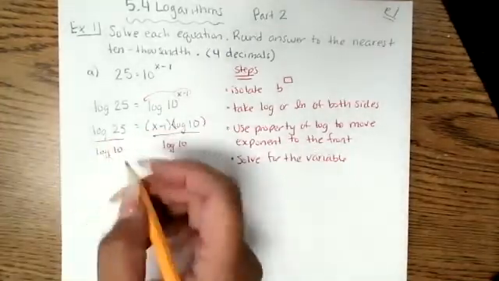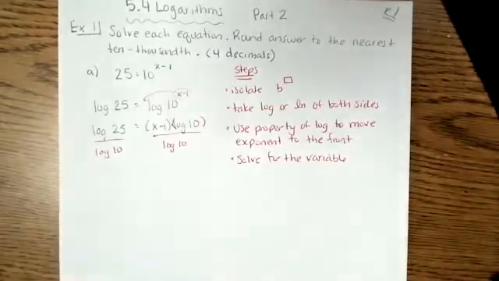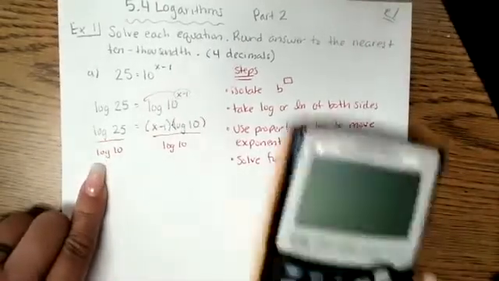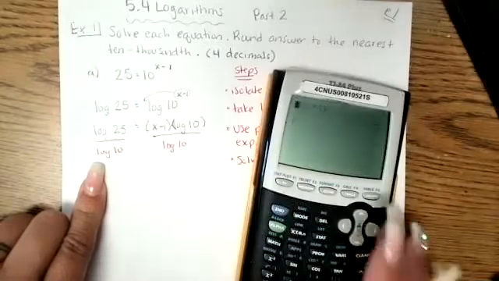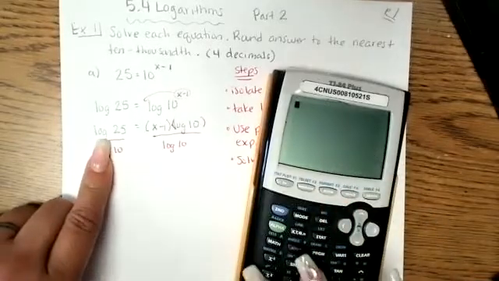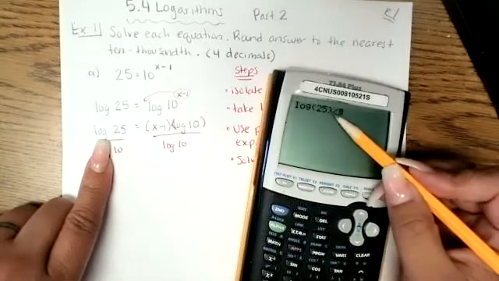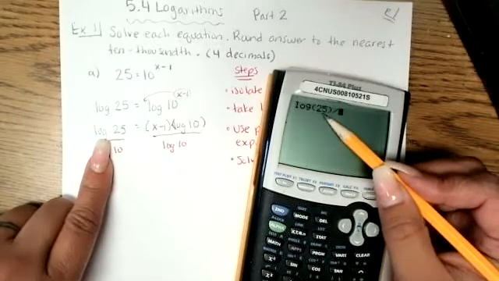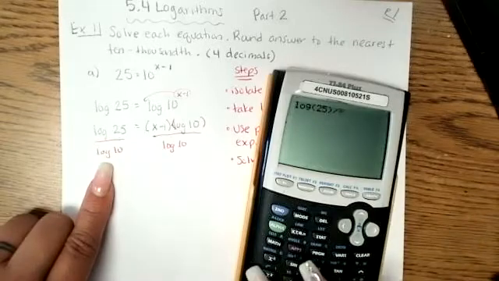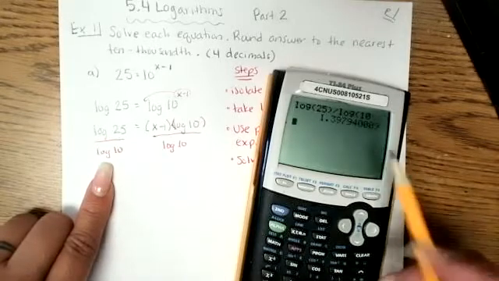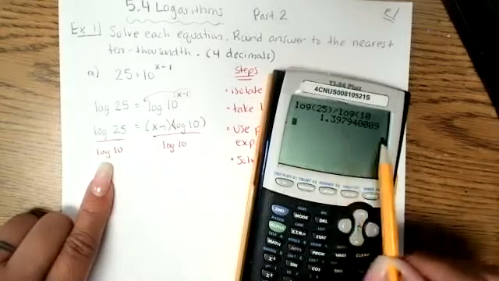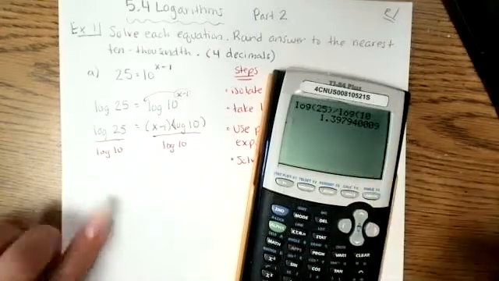So now on the left side, when I type this in my calculator, I have log 25 divided by, and I close my parenthesis to make sure that I'm done with the logarithm, log of 10. I'm going to leave that number in my calculator because I don't want to round yet.